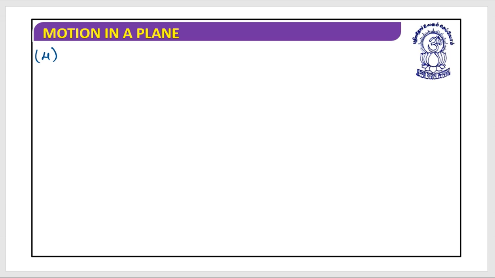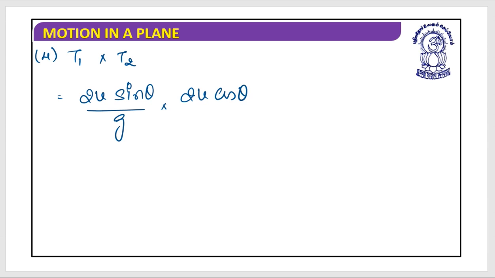First, question number 4, which will give me T1 into T2. So T1 is 2 into u into sine theta by g, multiplied by T2, which is 2 into u into cos theta by g.